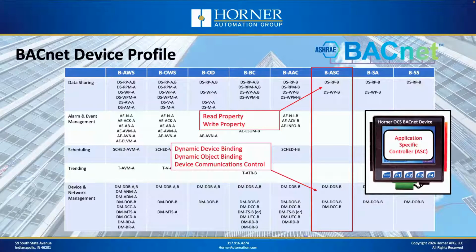And then each individual cell is showing you the different BIBs that should be available for each of those different types of device profile type devices. So in the case of the Horner application-specific controller, you can see there are 5 different BIBs in 2 different interoperability areas that are expected to be available there, and those define the services that should be available so that you can ensure that communication does occur between devices.